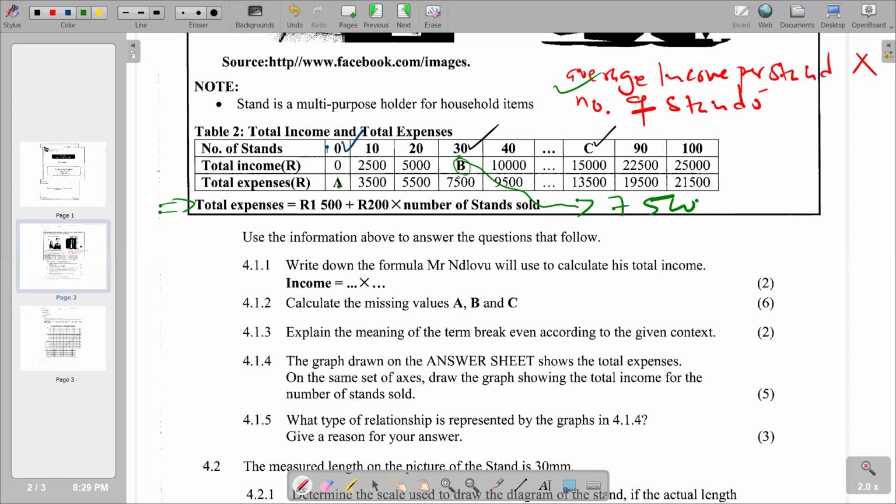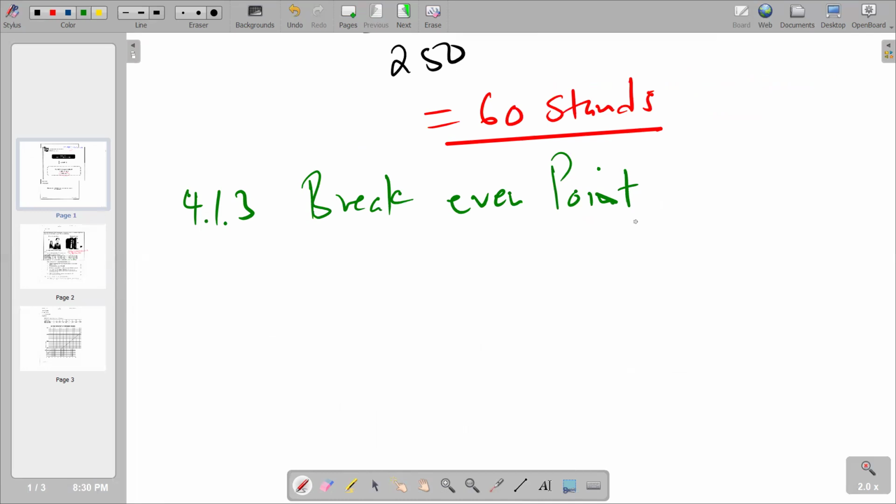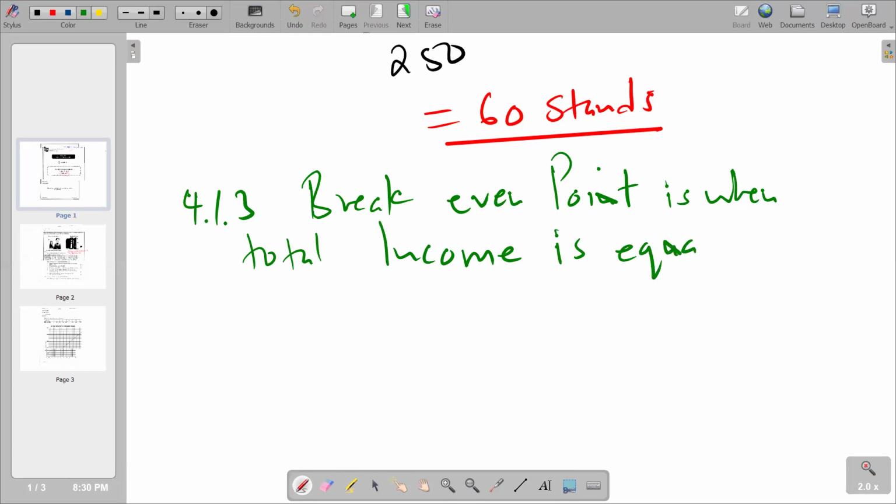So this is just the description that we're going to give in your answer section. I say, break-even point, which is now our 4.1.3, and we are saying the break-even point is when total income is equal to total expense.